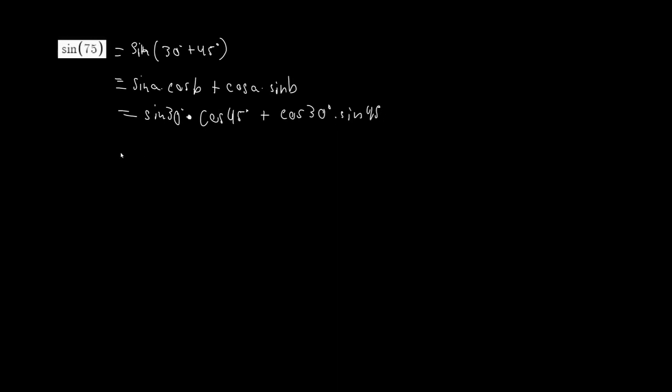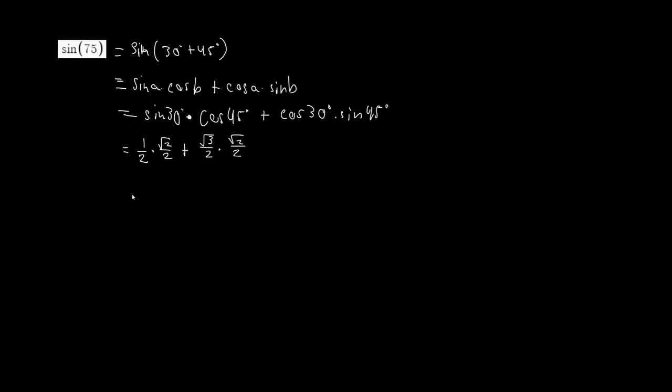I don't need to recall this one because I already mentioned previously in the video that sine 30 is 1/2 times cosine 45 degrees is square root of 2 over 2 plus cosine 30 degrees is square root of 3 over 2 and sine 45 degrees is square root of 2 over 2.